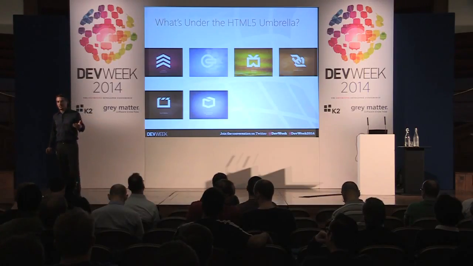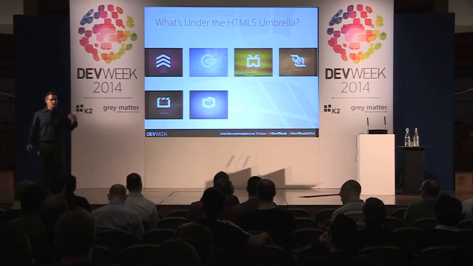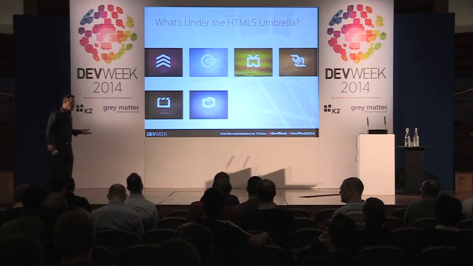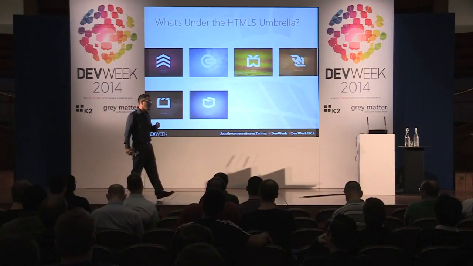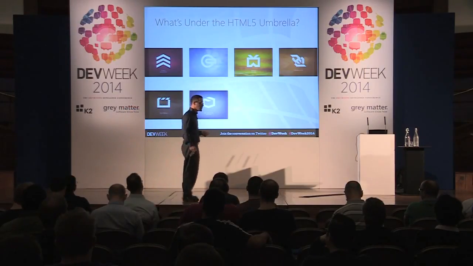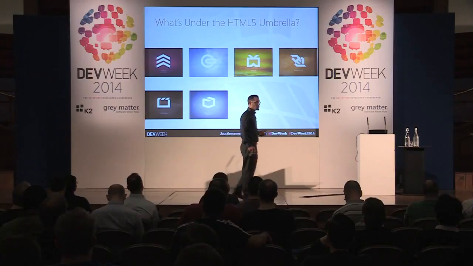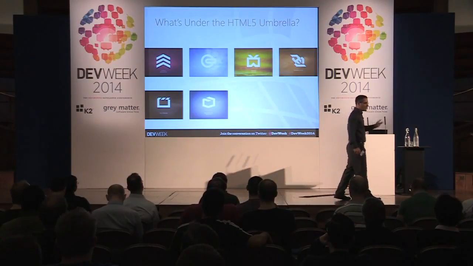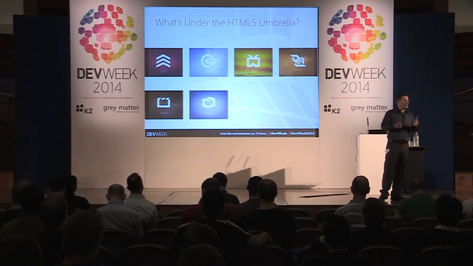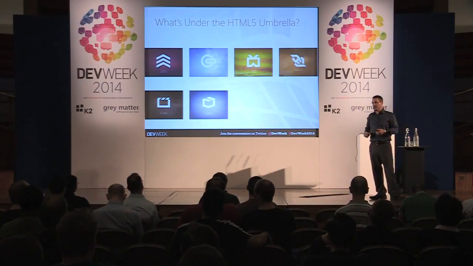You have the canvas element that helps you create 2D pixel graphics using JavaScript, or you can use the WebGL API to do 3D graphics in the browser. And you have SVG, Scalable Vector Graphics, which is another model that enables you to create elements such as ellipses, rectangles, triangles, etc.